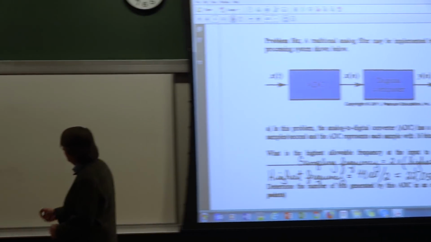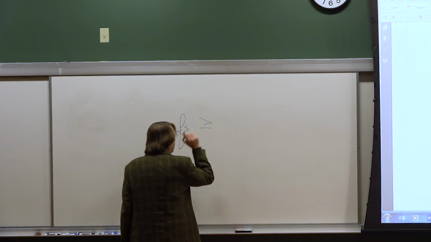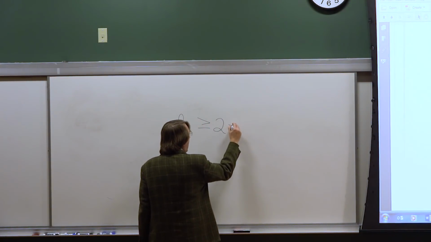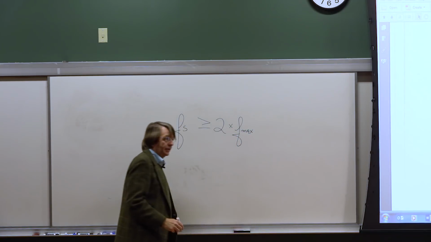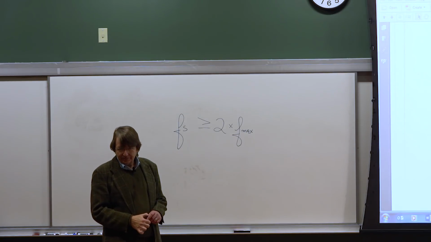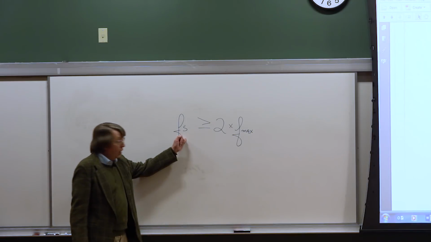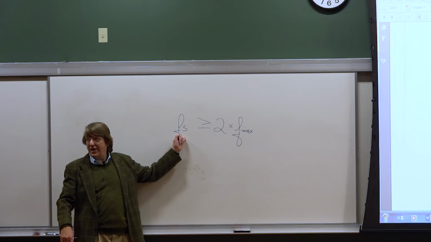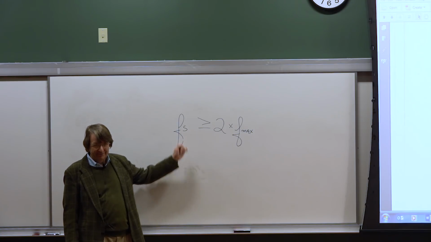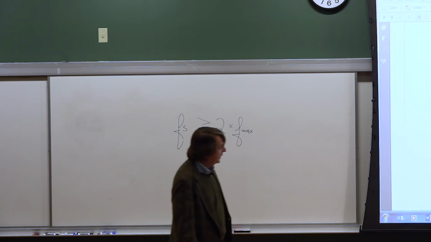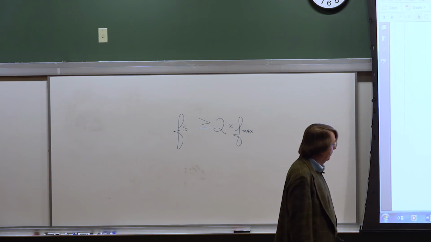Harry Nyquist said the sampling frequency has to be at least twice as high as the maximum frequency in the incoming signal. So I just asked you this question backwards. I told you the sampling frequency. What's the maximum frequency? Cut it in half. So 44,100. We get 22,050 is the highest frequency you really should put in here.